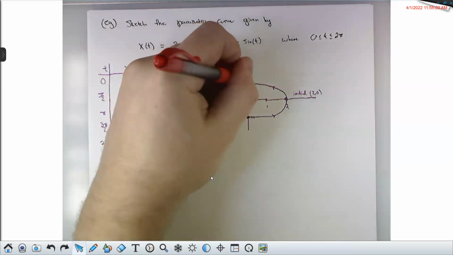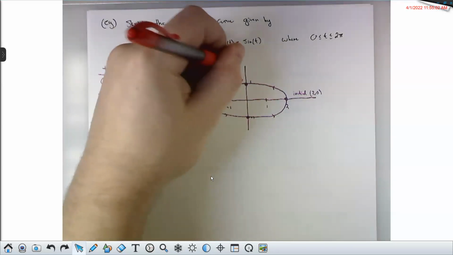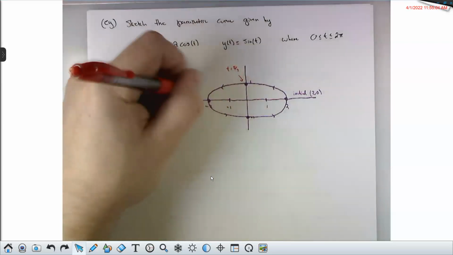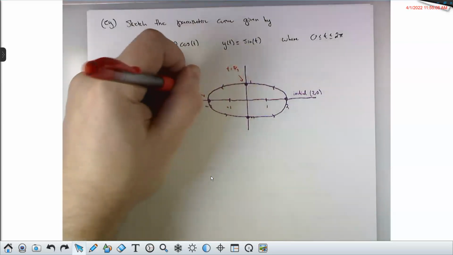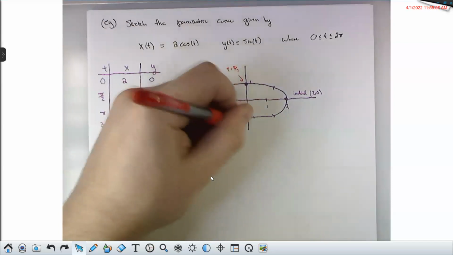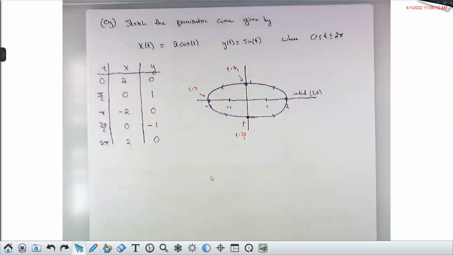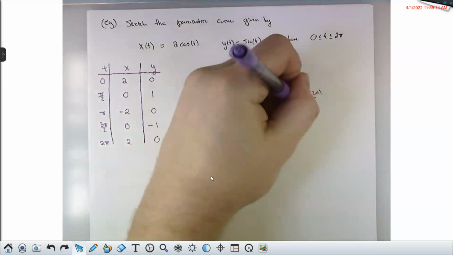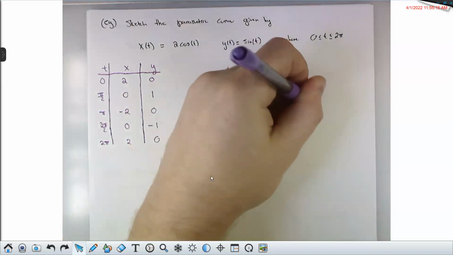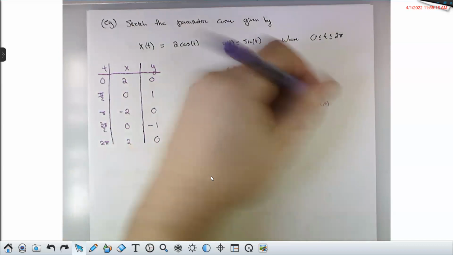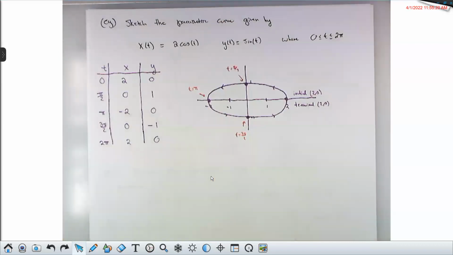This is the point associated with t equals pi over 2. This is the point associated with t equals pi. This is the point associated with t equals 3 pi over 2. And our terminal point is the same as the initial point.